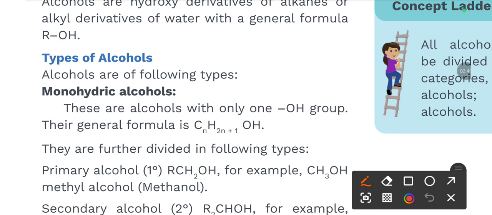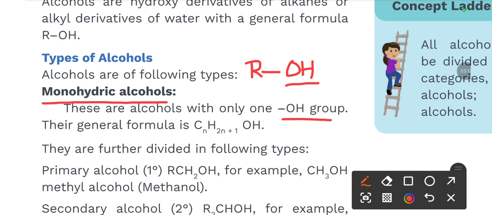What is monohydric alcohol? The alcohol with one OH group is monohydric alcohol. If there is only one OH, like R, in R one OH group is attached. This is monohydric alcohol. We have only one OH group attached.